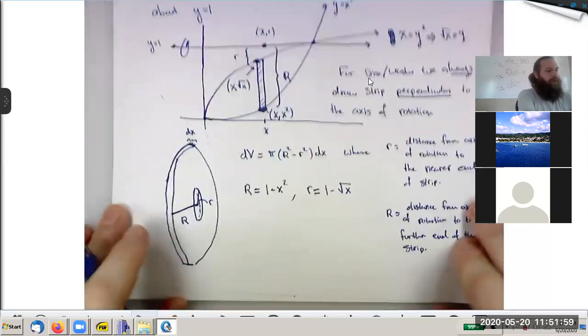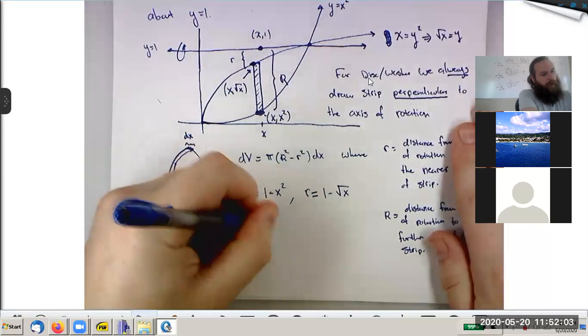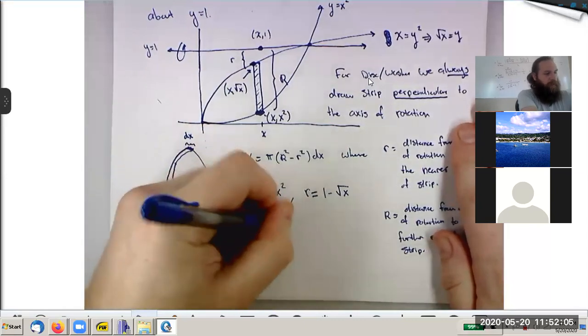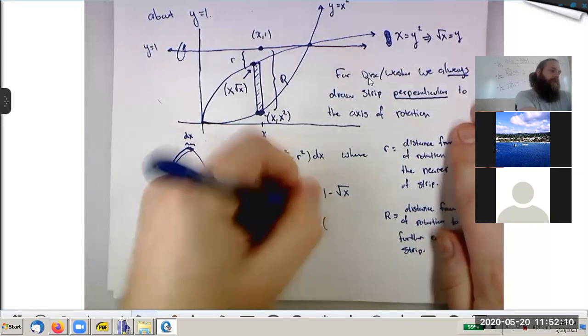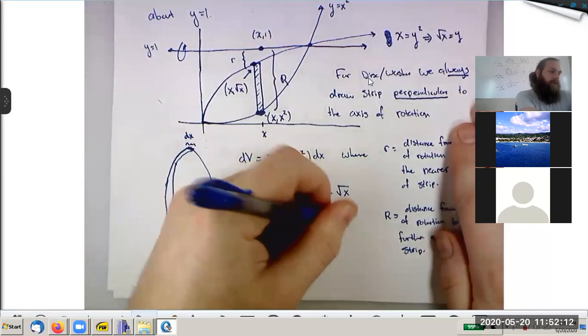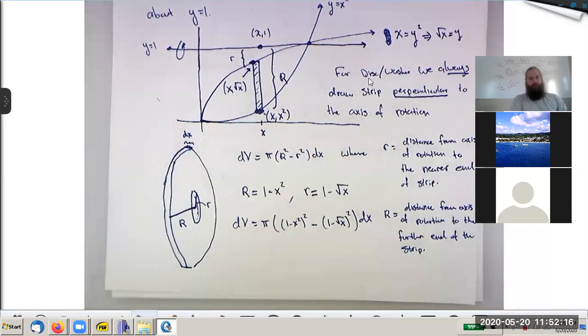Which means that my dV has to be pi times (1 minus x squared) all squared minus (1 minus root x) all squared dx. So that's what we're going to have to integrate.